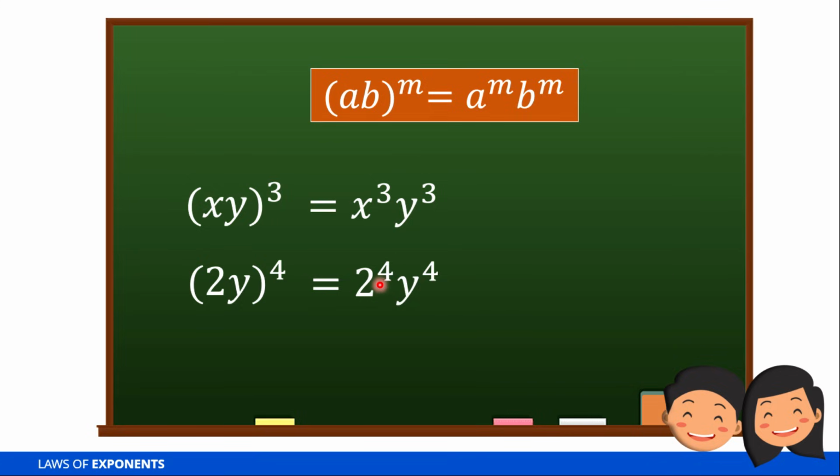So, yung 4, minultiply natin sa mga exponents na 1 ng 2 at saka ng y. Now, since we have here a number, okay, na base, simplify natin ito. This means 2 times 2 times 2 times 2. So, ang simplest form nito is 16 times y to the 4th power.